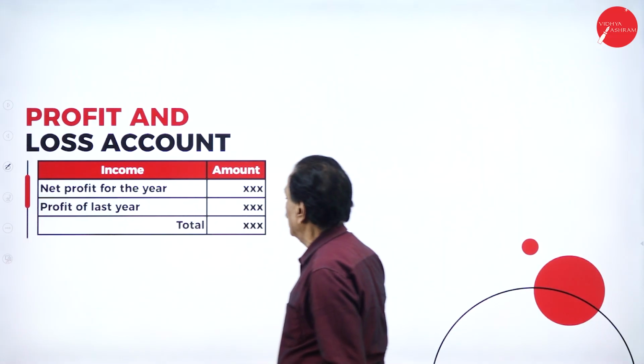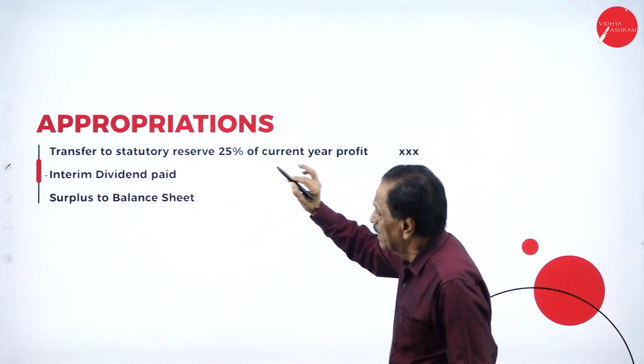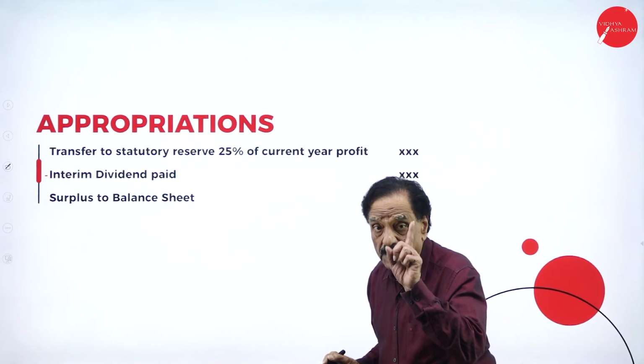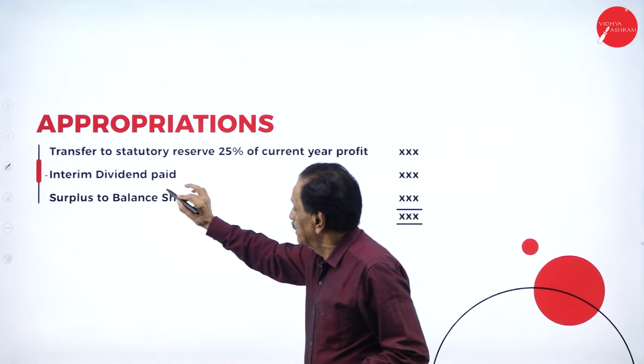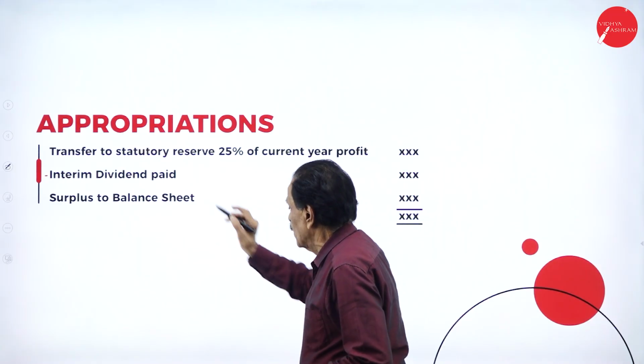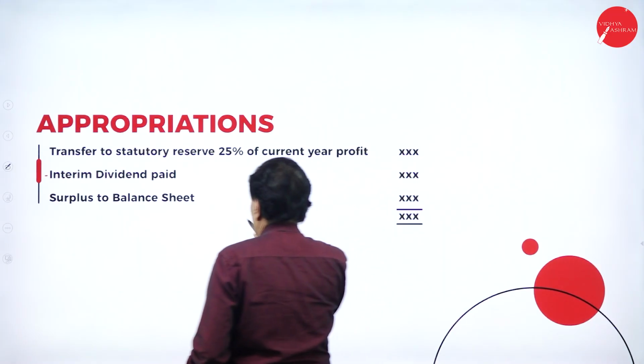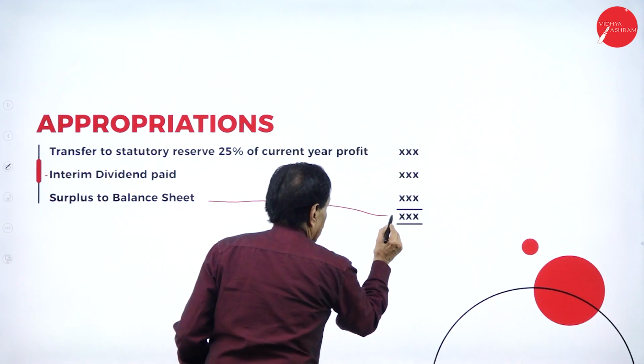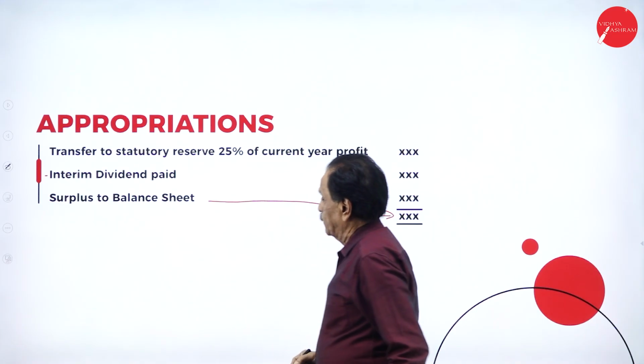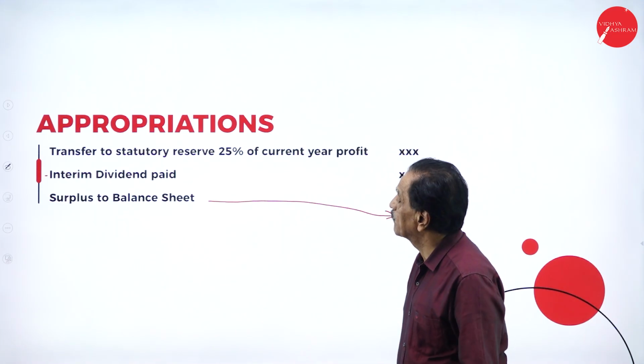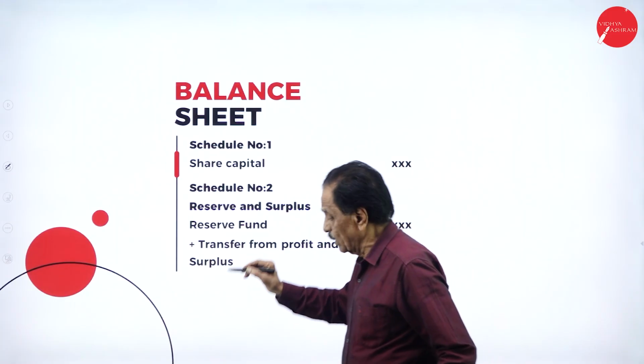Profit of the last year should be added to get the total profit. Whatever difference comes is the surplus to the balance sheet.